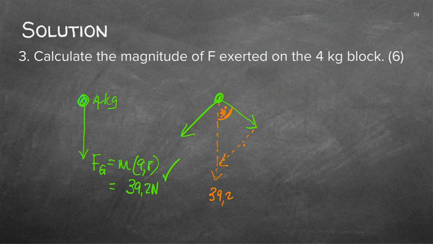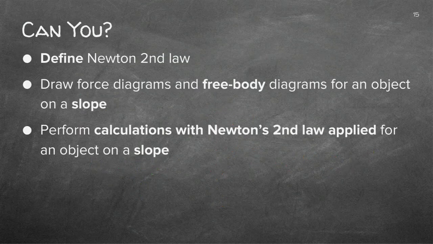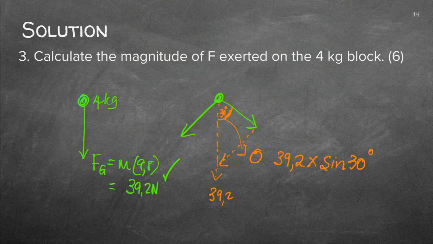This is opposite. Can you see? So it will be 39.2 times opposite, sine of 30 degrees. So the sine of 30 degrees, which is 0.5, with that 39.2 will give you an answer of 19.6 Newton.